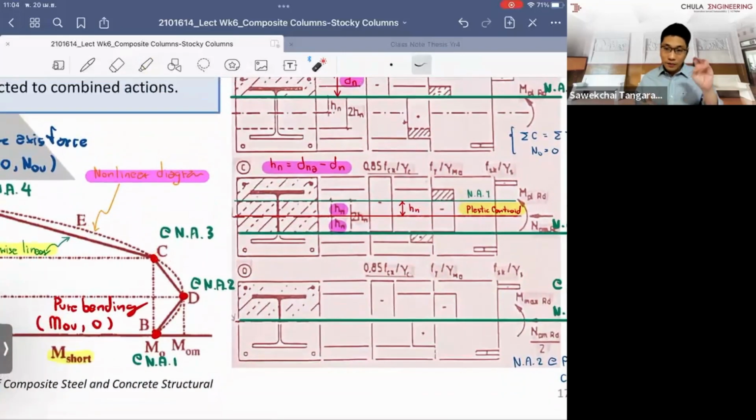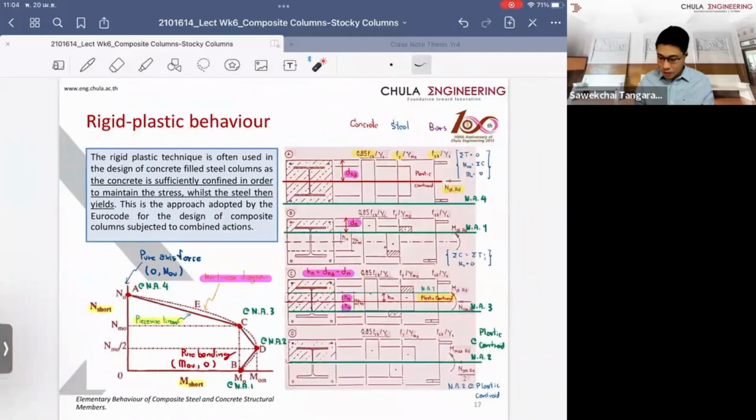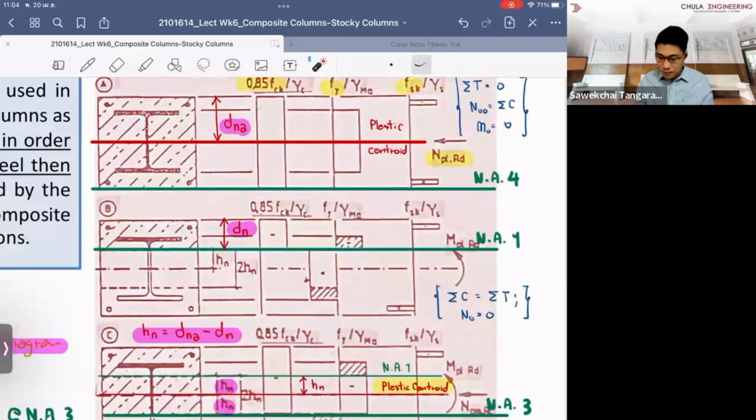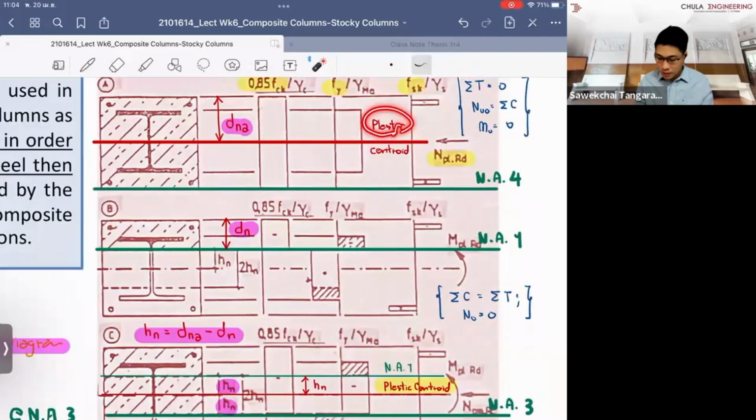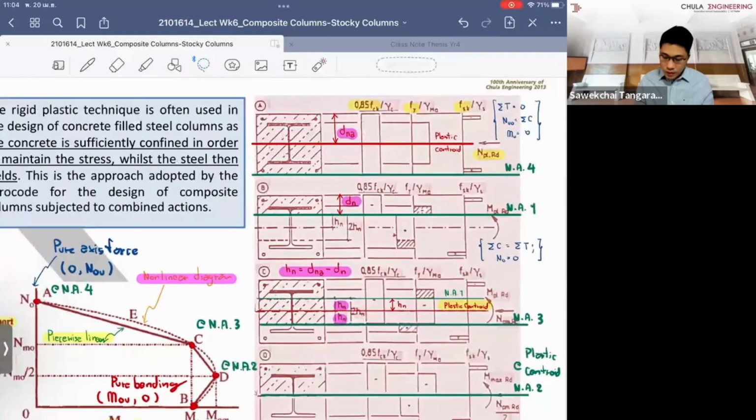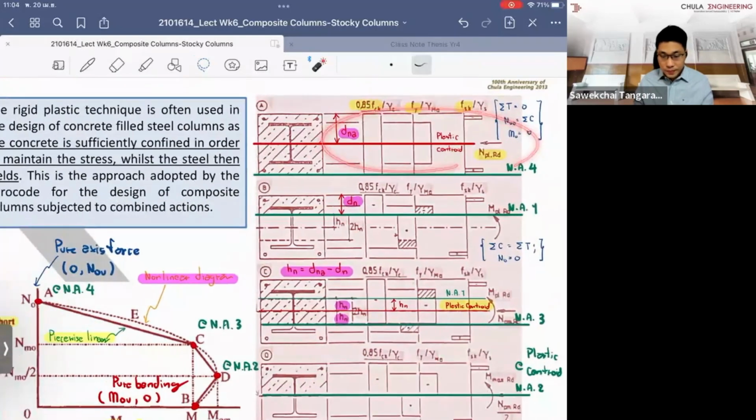So you just need to find 4 levels of the plastic neutral axis depth. First, when you have at the bottom, you can calculate where the plastic centroid is, right? This is what we discussed before. This one will give you the squash load.